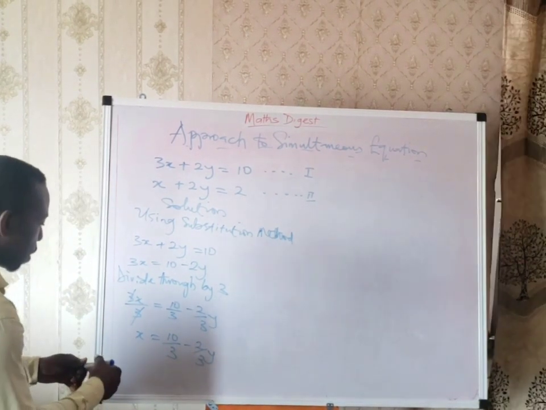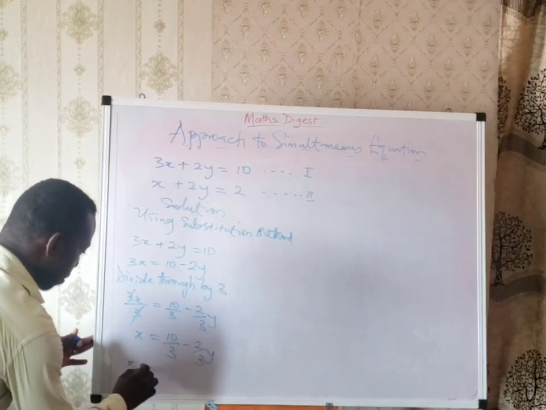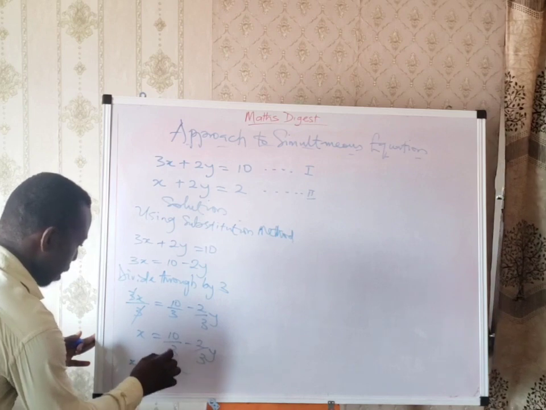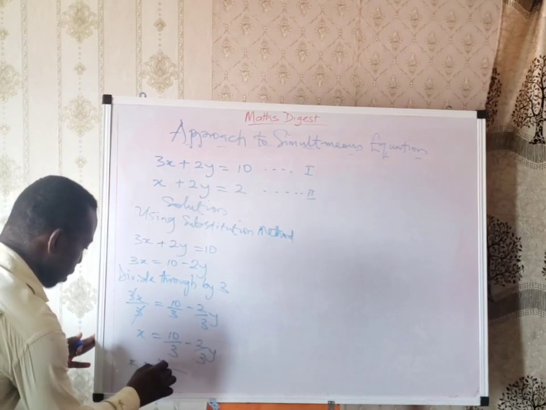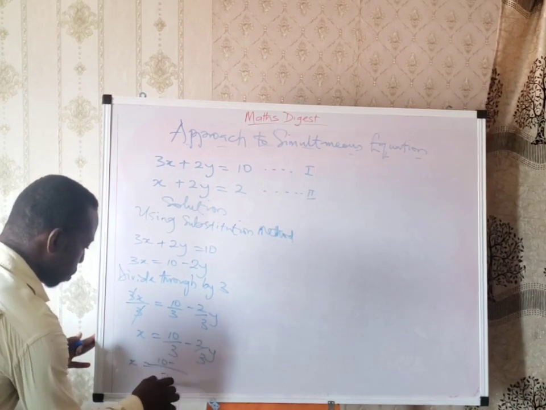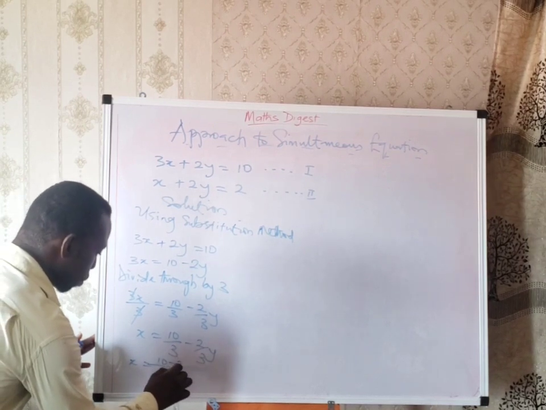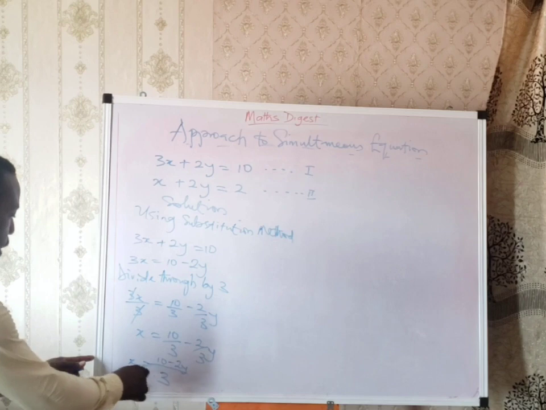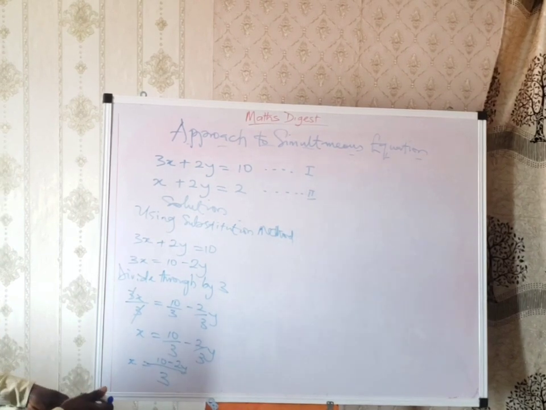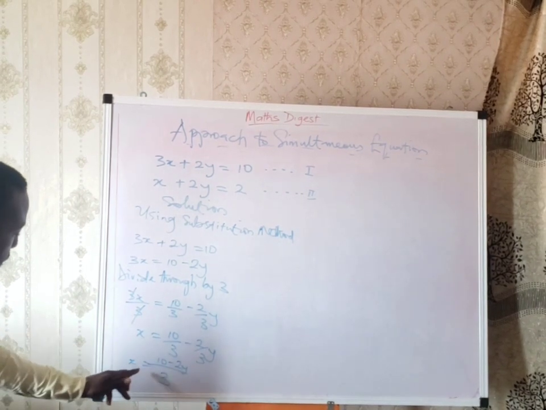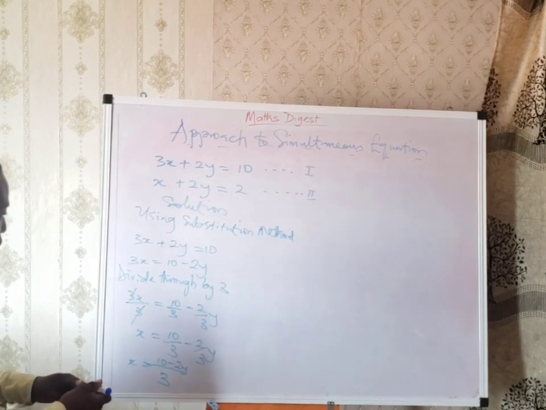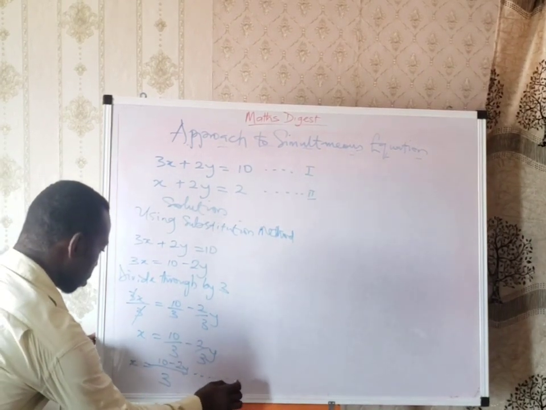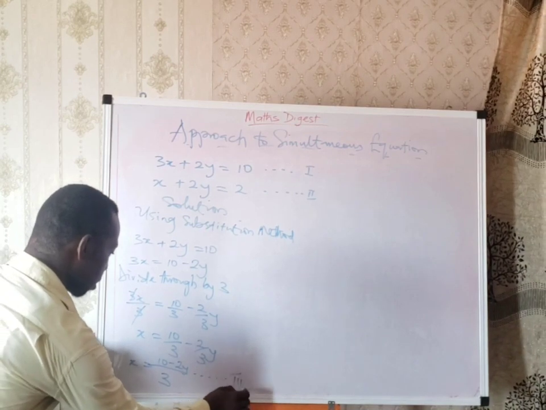We can go further and take the LCM of this to be 3. So with this we have 3 into 10 is 10, minus 3 into 2y, we have 2y. So this is the value of x. Remember, this is now equation 3.